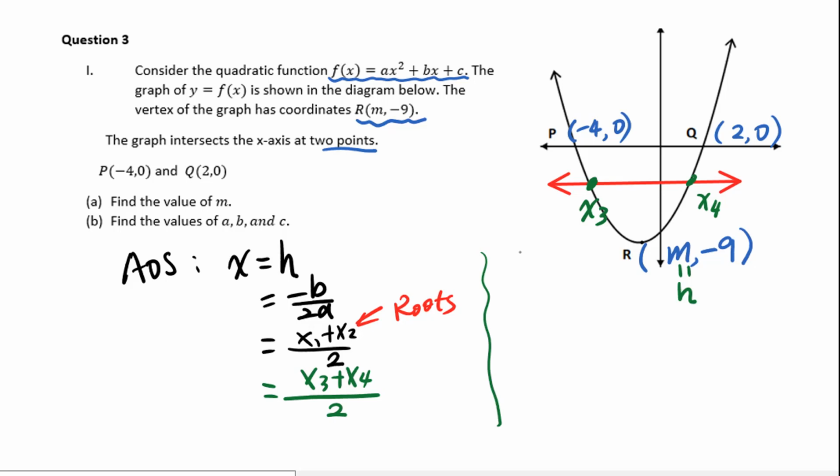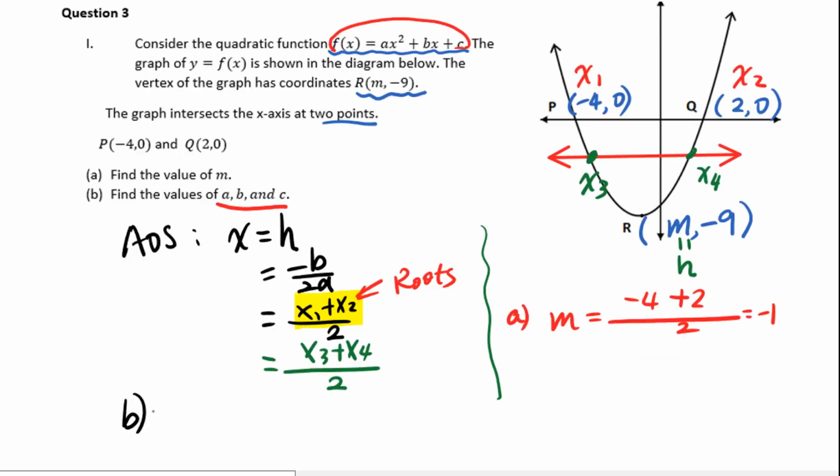For this problem, since this x1, x2 is given, this is your x1, this is your x2. Therefore, m equals -4 plus 2 over 2. You will get -1.